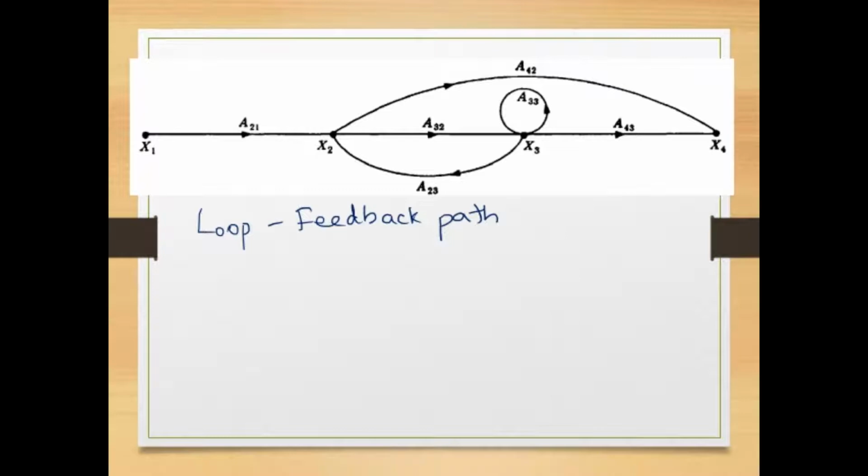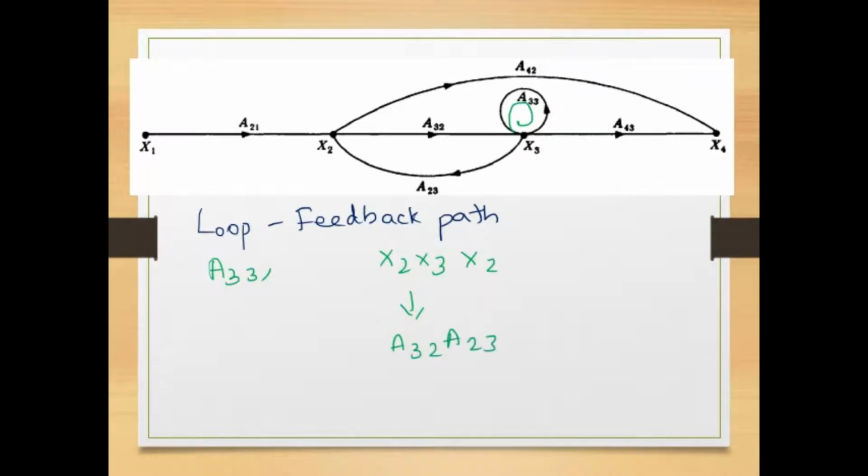One is the A33 loop, that is x3 terminating at x3. One more starts at x2, x3, then back to x2. So the gain of this is A32 into A23.